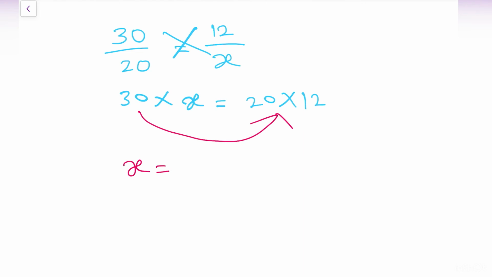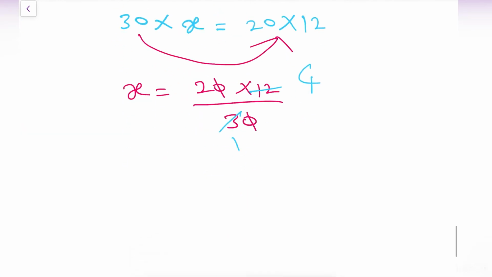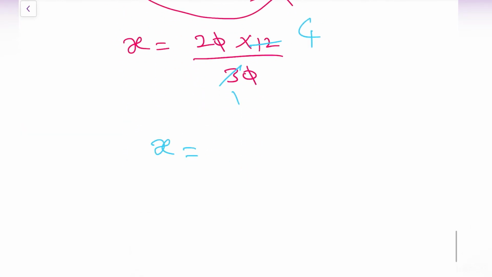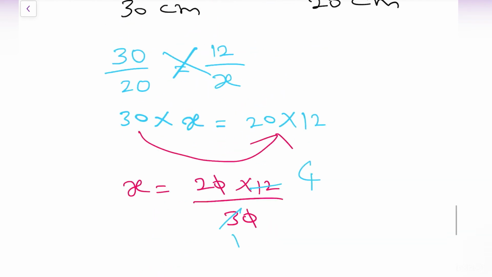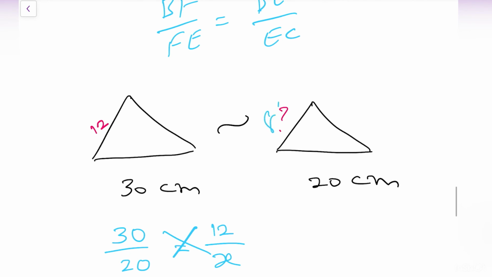Then we get x equals 20 into 12 divided by 30. Here the 0 cancels. Three ones are three, three fours are twelve. So we get x equals 2 times 4, so x equals 8. That is, the corresponding side of the second triangle is 8 centimeters.